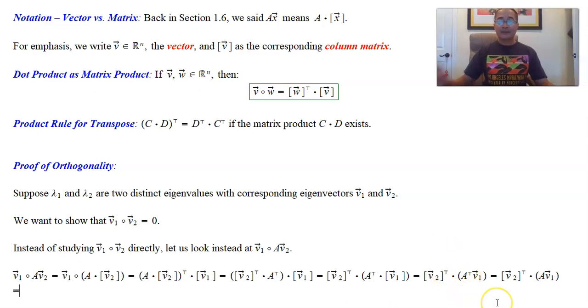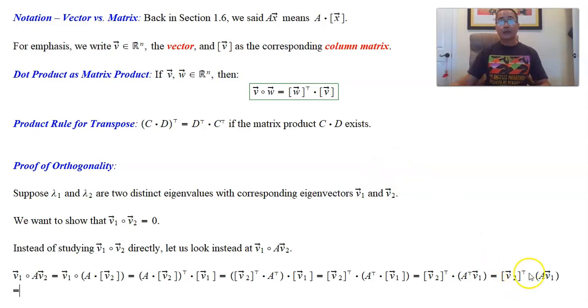Actually, I'm still here. I forgot the last step. There's still one more thing we can do. We have V2 transpose here times AV1, which has the exact same form as this side of this equation. And again, equations work both ways. So this equation says that we can turn it into this dot product.